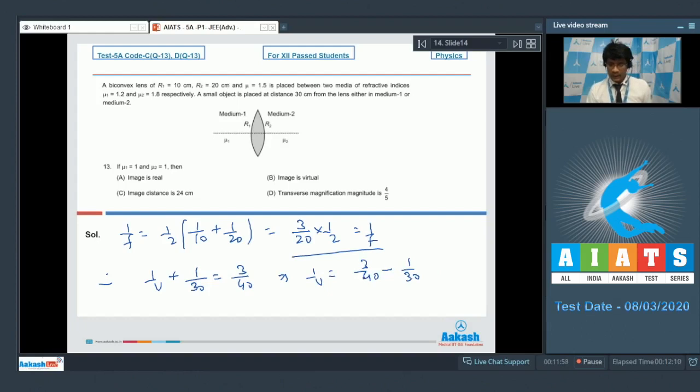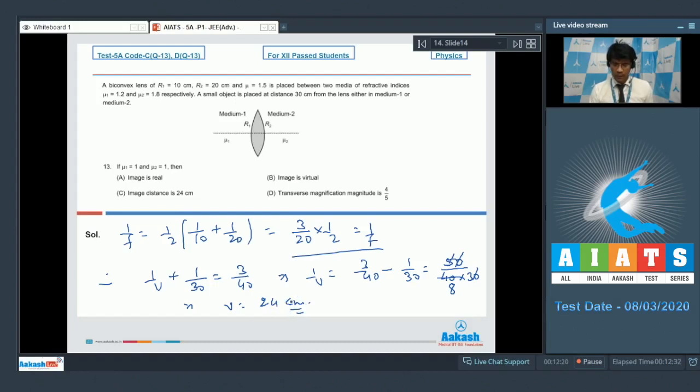And it is 90 minus 40, it is 50, divide by 40 into 30. This 0 will cancel out, 5, 8. So effectively v is how much? 24 centimeter. So image distance is at 24 centimeter. Object distance was 30.